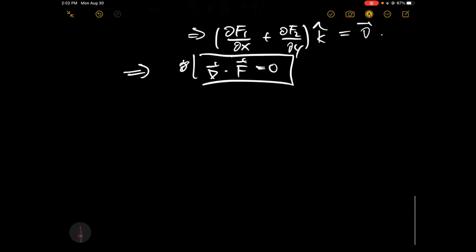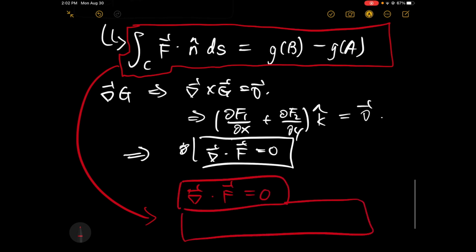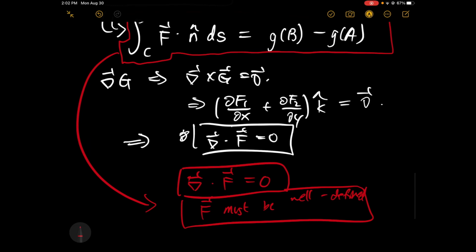I will also lay out the conditions for this to work: the divergence of F must be 0 and F must be well defined. And of course, the gradient of g needs to equal minus F2, F1.